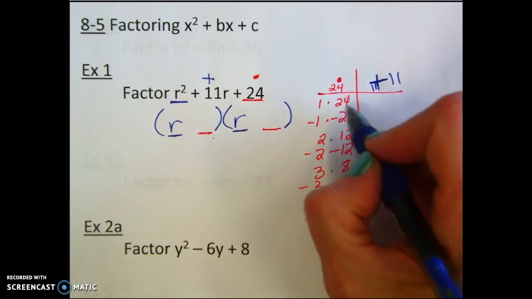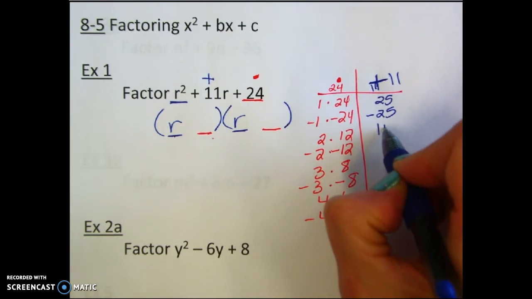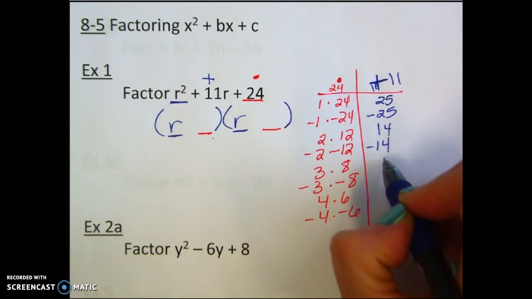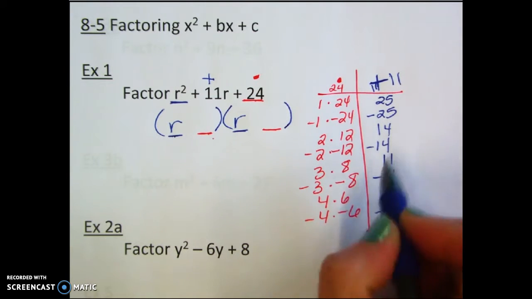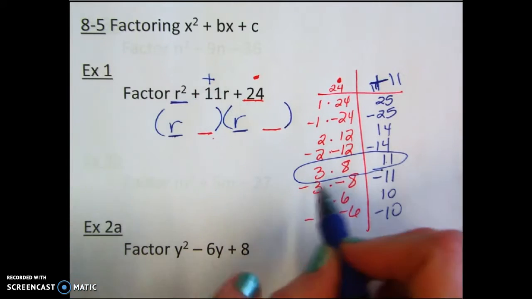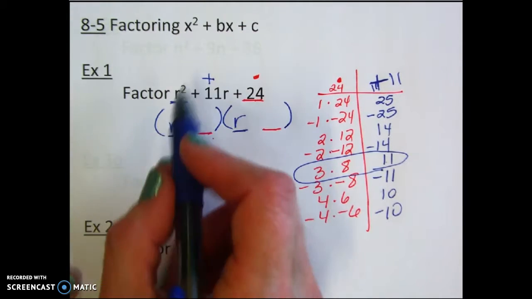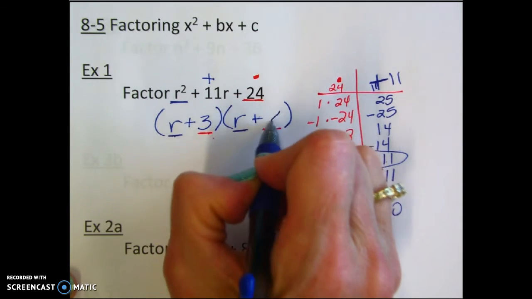So we have, that adds to 25, -25, 14, 11. Ooh, there we go. So this is the combination we want. We are looking for a positive 11. This is going to be it, which means our factoring goes to a positive 3 and a positive 8.